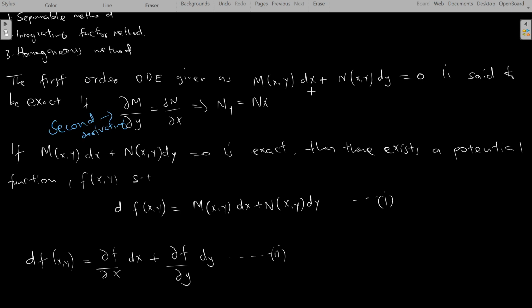Keep in mind the reason is that it has already been differentiated with respect to x. If you differentiate with respect to y, you should get the same as when we differentiate with respect to x first. So this is Clairaut's theorem.